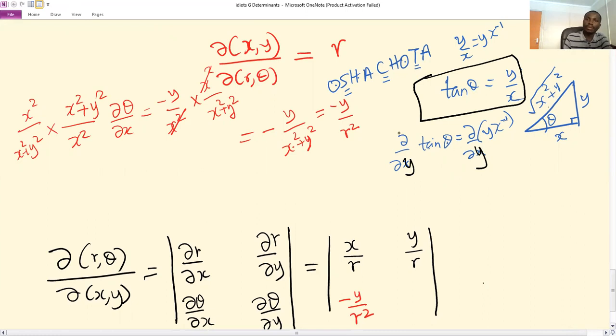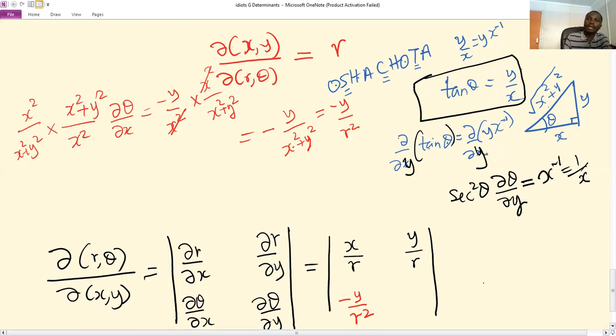So partial y of tan theta will be sec squared theta, but you attach the theta dy because theta is a differentiable function of both x and y. So it equals, this will give us just x raised to power -1, or simply 1 over x.